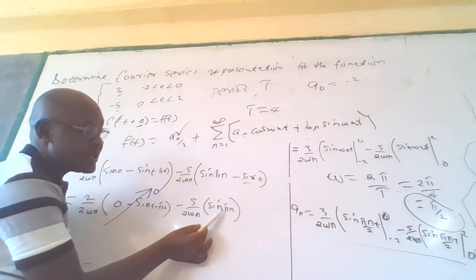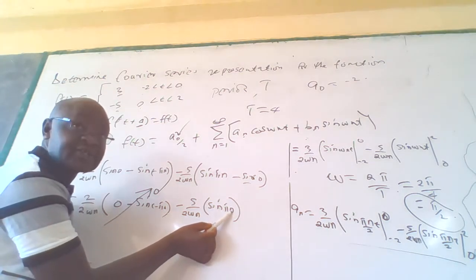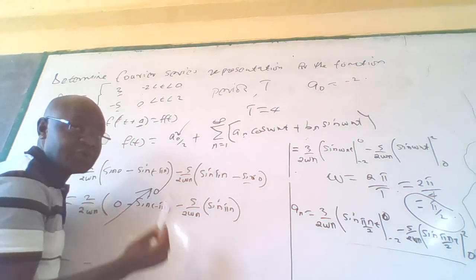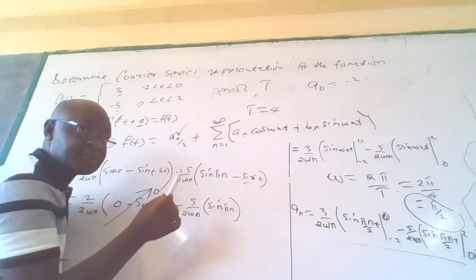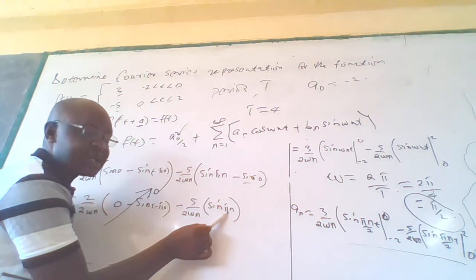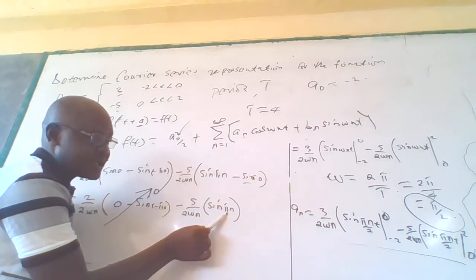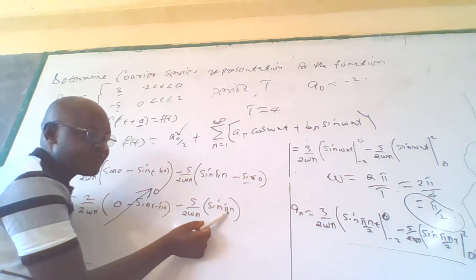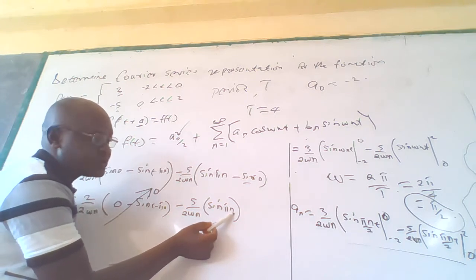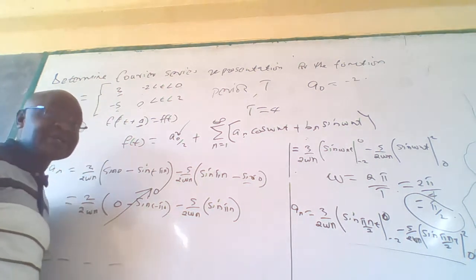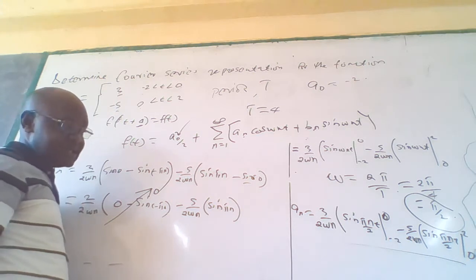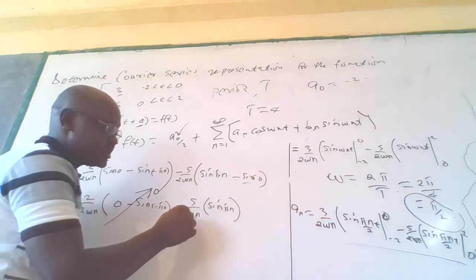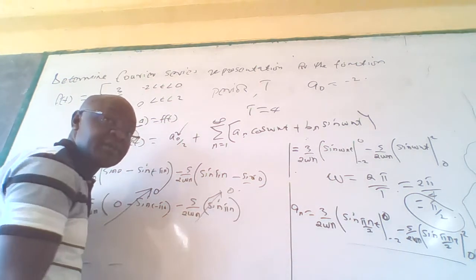And again here, we test when n is odd and when n is even. When we are testing odd, we use 1, so when there is n, we put 1. So this will be sine 180, which is 0. Then again, we test for even, we use 2, so here we should have 2 pi. 2 pi is the same as 360. Sine 360, when we use our calculator, is also 0. So this one will also be 0.